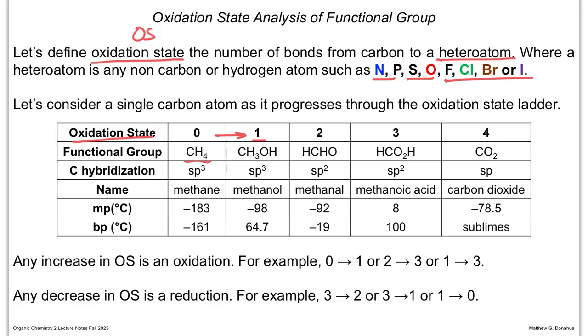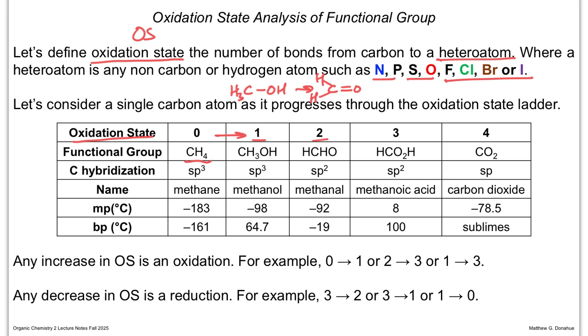If we take methanol and now we oxidize that carbon, so we're going to make the alcohol into a carbonyl. The oxidation state is now 2.